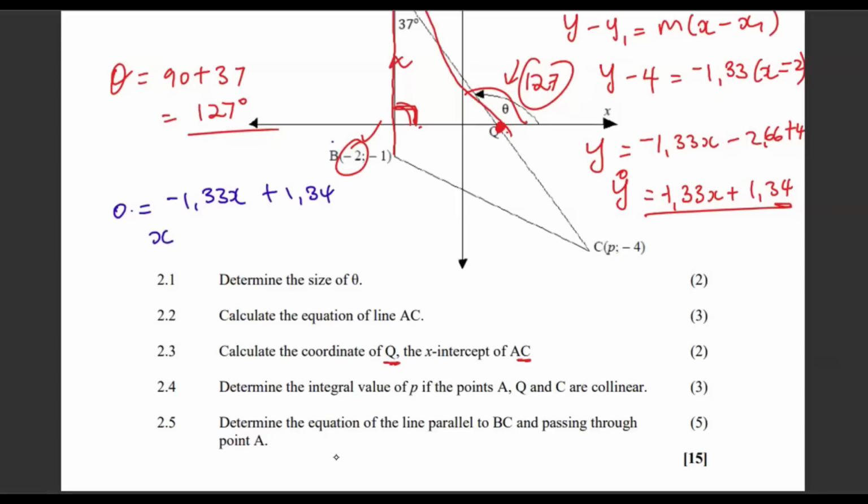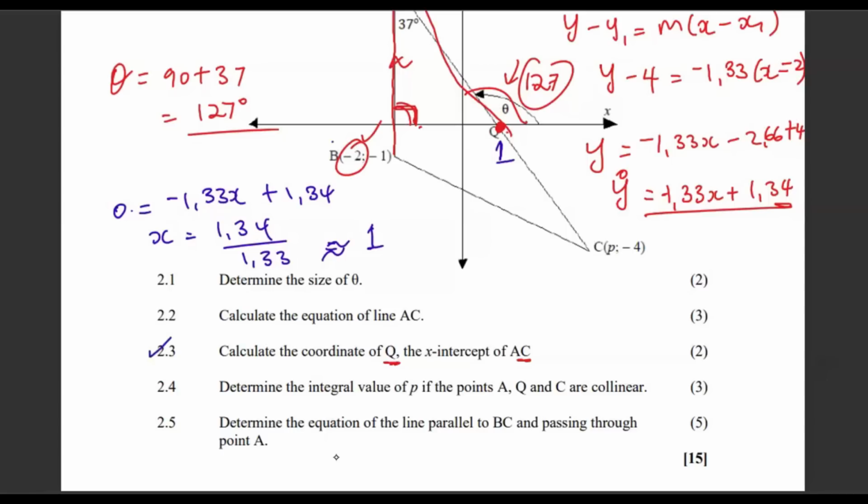Move that from that side, meaning that x is 1,34 over 1,33. This thing is more or less the same thing, 1,34 divided by 1,33, which is approximately 1, because it's 1,07 and stuff. So I'll call that a 1.